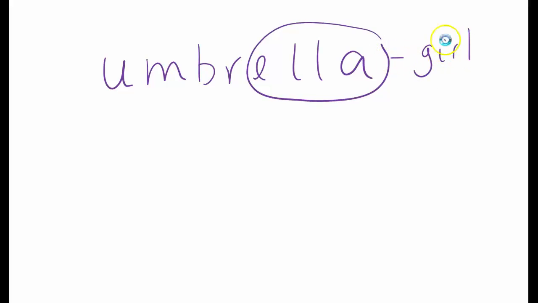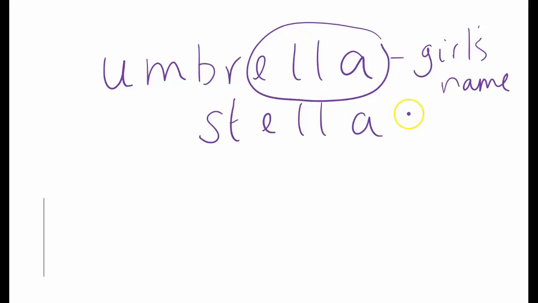Ooh, let's change the colour. Let's take a word like umbrella. Well, firstly, I noticed there's a small word within a word, Ella, which is a girl's name. And actually there's another girl's name, Stella, which has the same letters, E-L-L-A.